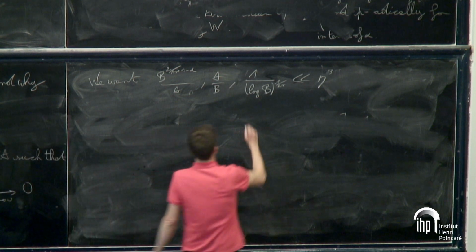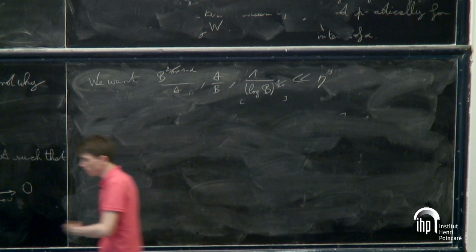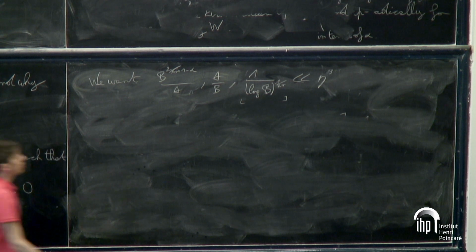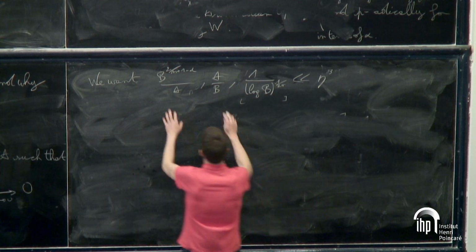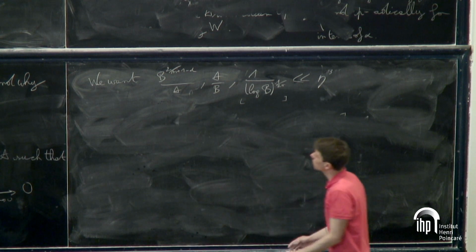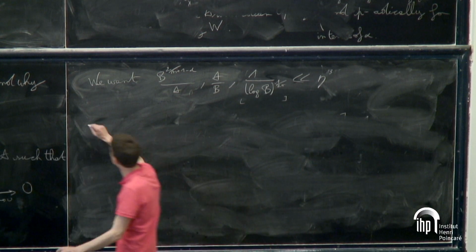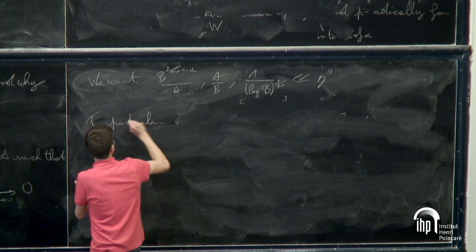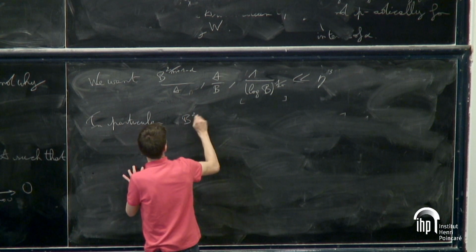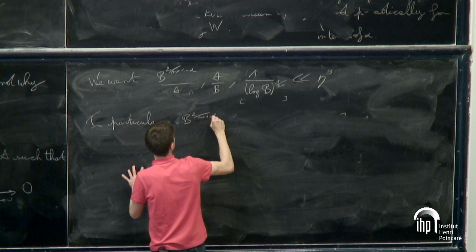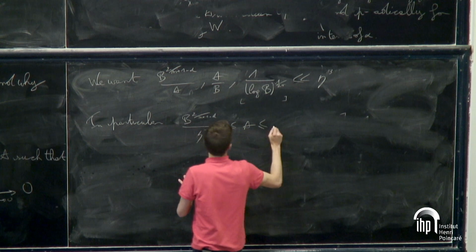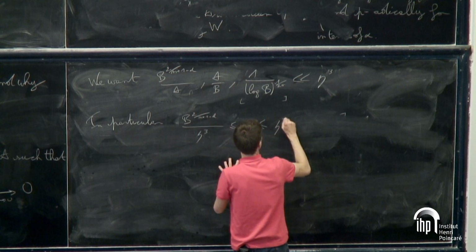Okay, so for this one, it's going to be always fine because b is going to be a function of a, any function of a which tends to infinity as a tends to infinity. So it's going to be fine. But for these two, we get some condition. Okay, so in particular, we need b to the 2 over n plus 1 minus d divided by eta cubed. We want it to be at most a, and we want a to be at most eta cubed times b.